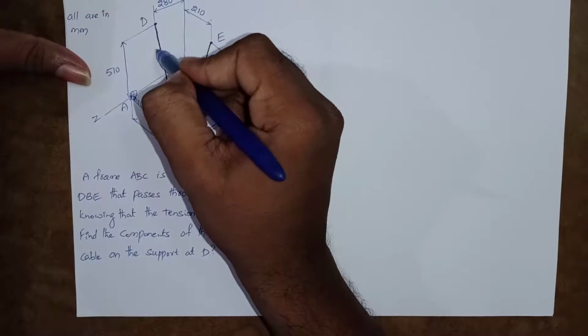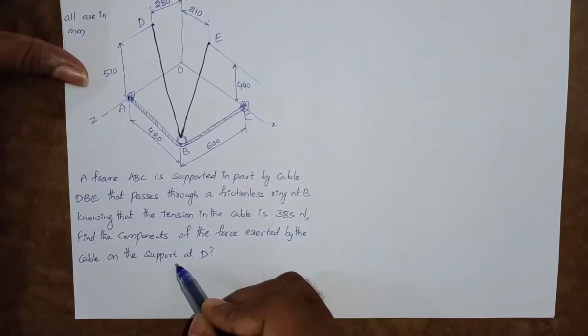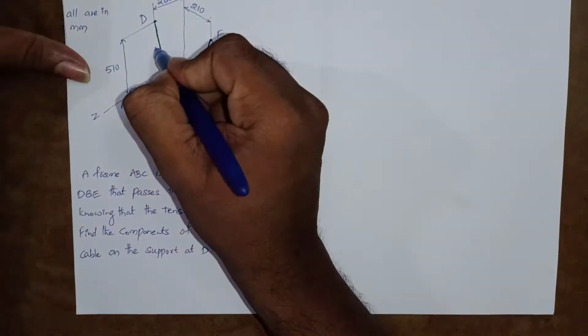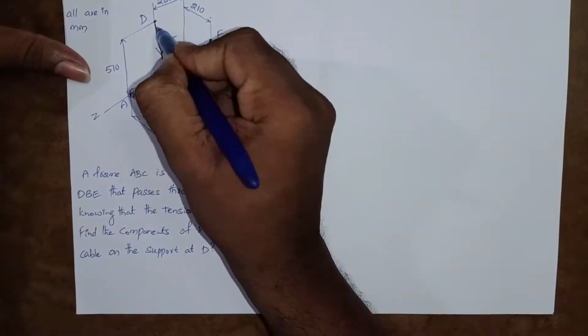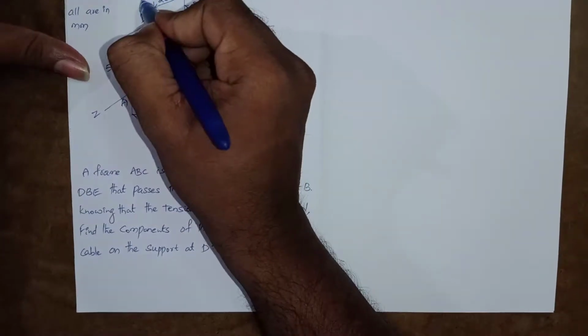What we want here is the force exerted by the cable on the support at D, so it will be in this direction.